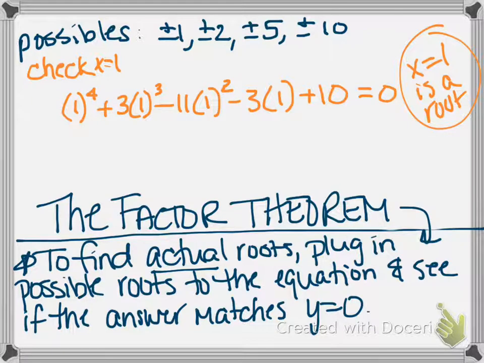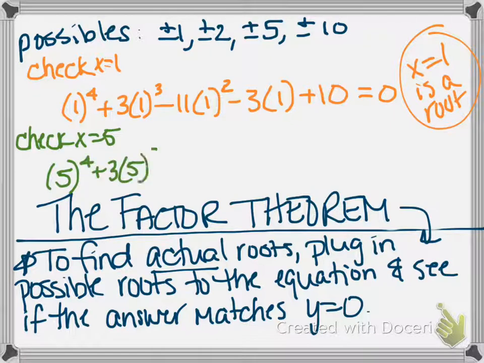Okay? So now let's try another one. I'm going to check 5. So check x equals 5. So now I plug in 5. 5 to the 4th plus 3 times 5 to the 3rd minus 11 times 5 squared minus 3 times 5 plus 10, and that equals 720.